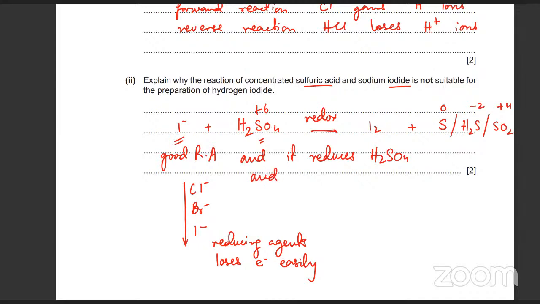You get iodine instead of HI. So remember this about Cl-1, Br-1, I-1 as you move down the group, the tendency to lose electrons increases, and we should revise the notes as well.